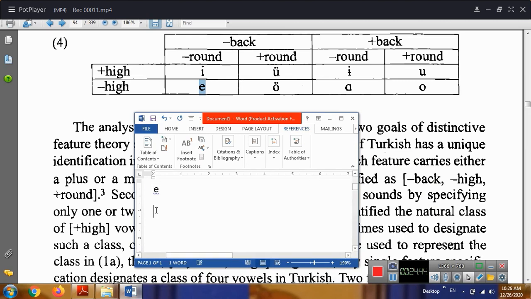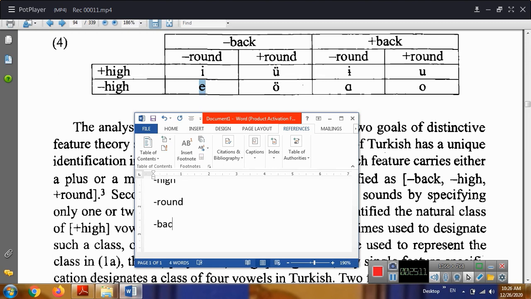Pay attention to the way in which we show them in common writing. I want to write its distinctive features in Turkish. I write them in this way: minus high, minus round, and minus back.